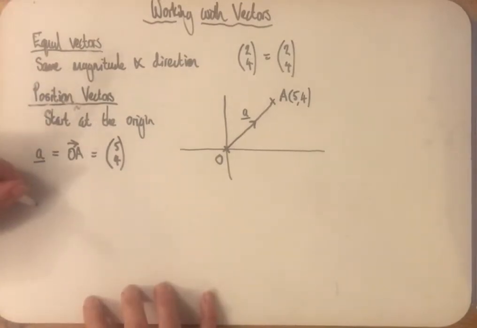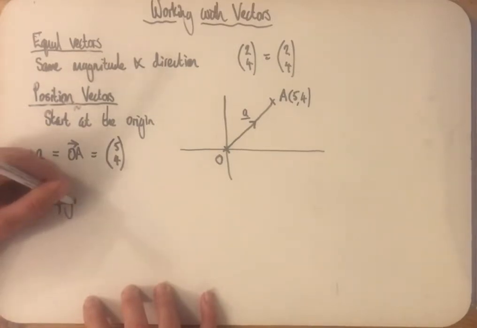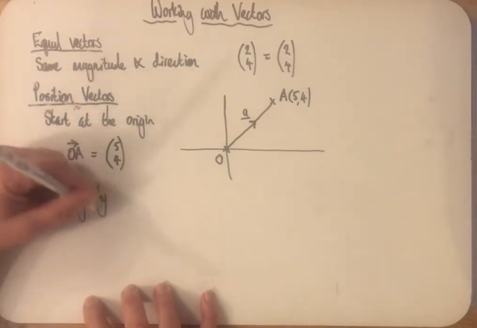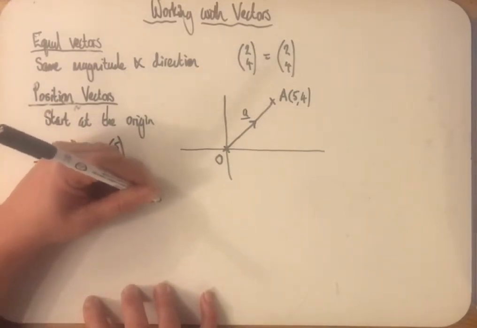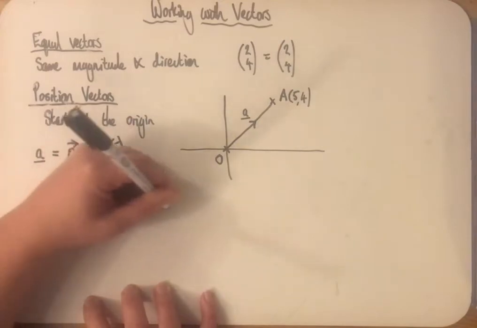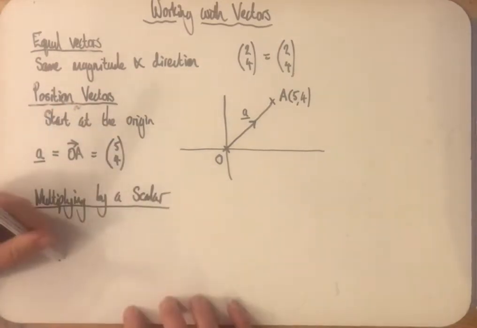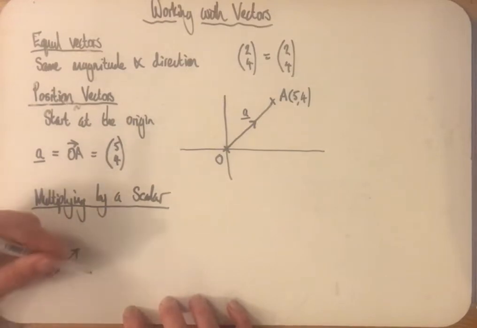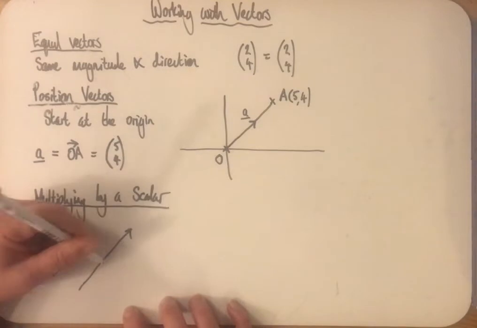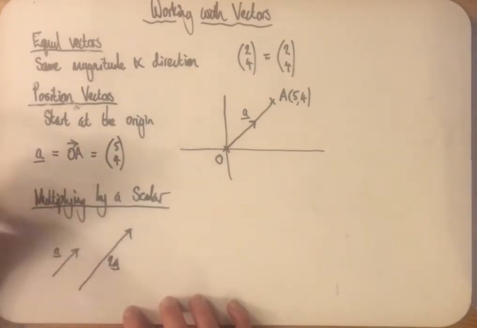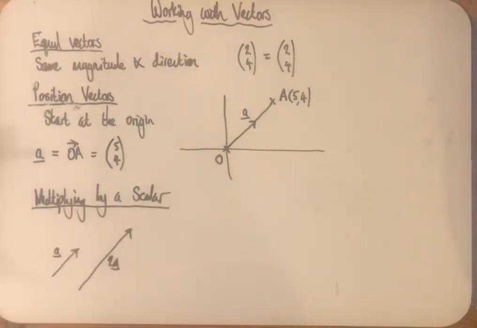Multiplying by a scalar. So if we have a vector A, then 2A will have the same direction, but twice the magnitude.